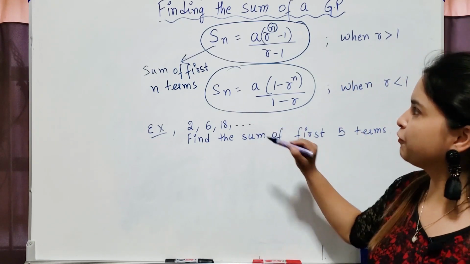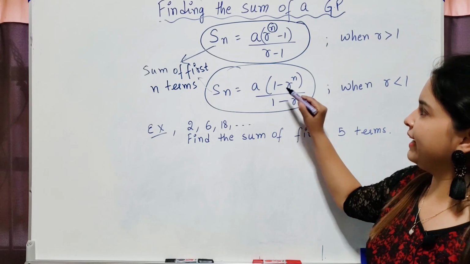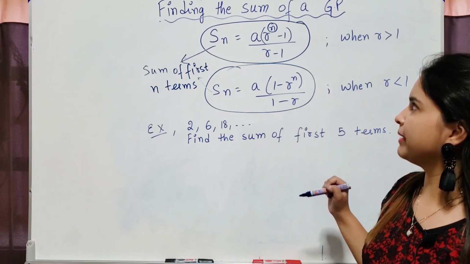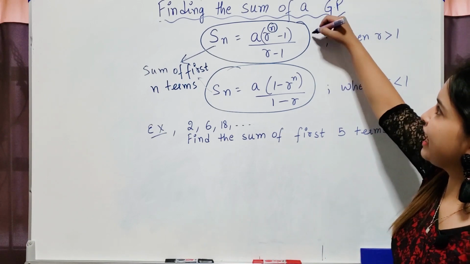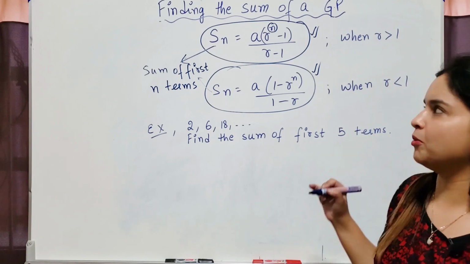Similarly, I have one more formula. Sn is equal to A times (1 minus R raised to power n) divided by (1 minus R). Now, when are you going to use the first formula and when will you use the second formula?